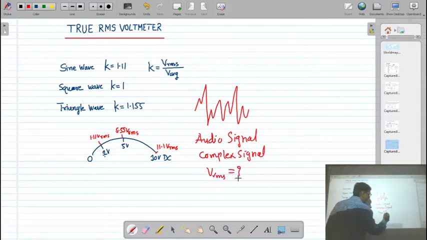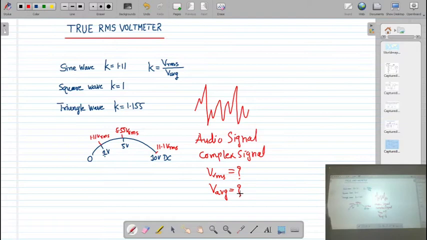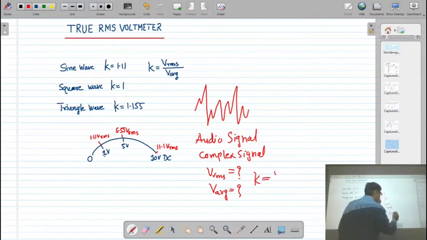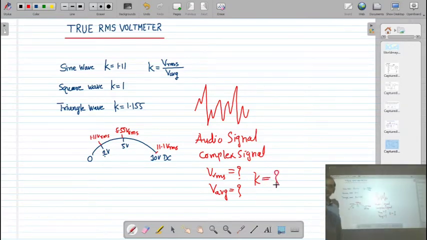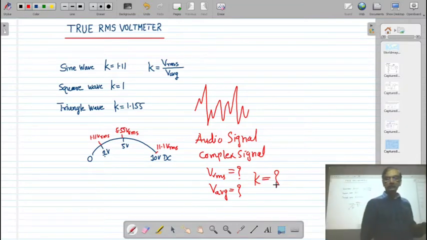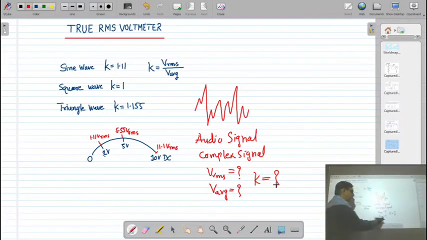We do not know the RMS value, and we do not know the average value of this complex signal. Therefore we cannot determine a form factor, because it is an irregular shape and it is also not periodic. So here it is difficult to find out the form factor.